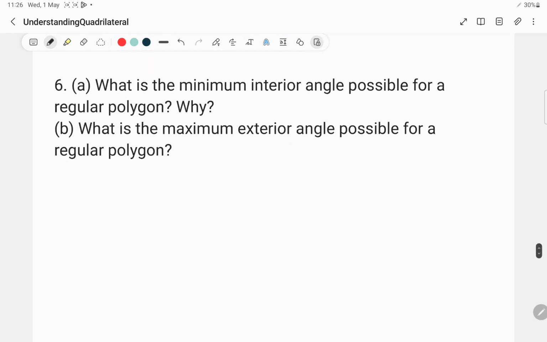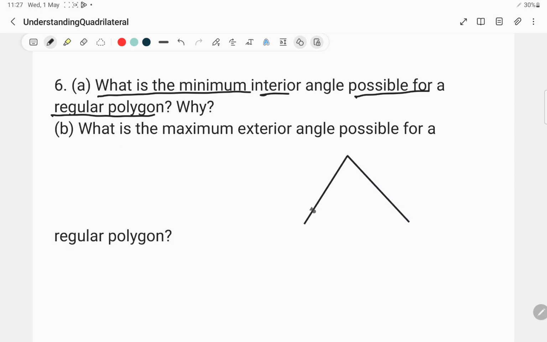So moving on to question number 6. Again the statement question. This is saying, what is the minimum interior angle possible for a regular polygon? Means we have to calculate the minimum interior angle for a possible regular polygon. So if we talk about the triangle, suppose this is a triangle. Triangle is also a polygon.